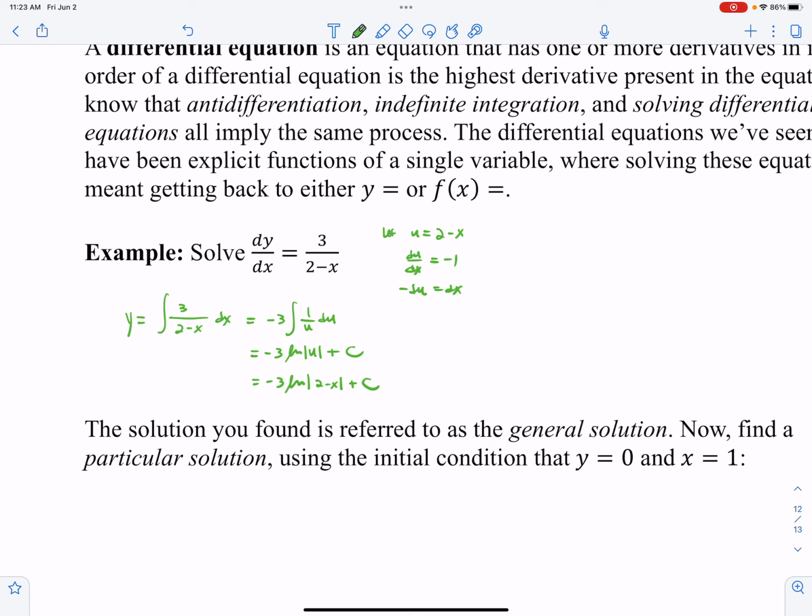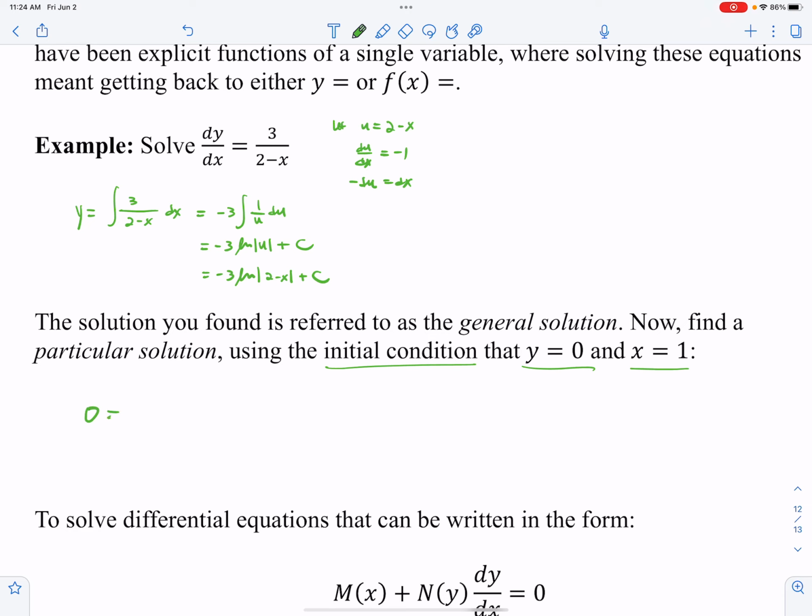So to find the particular solution in this case that has the initial condition of y equals 0 and x equals 1, we will replace y with 0, and we will substitute 1 in for x. So this becomes natural log of 1, which is 0.